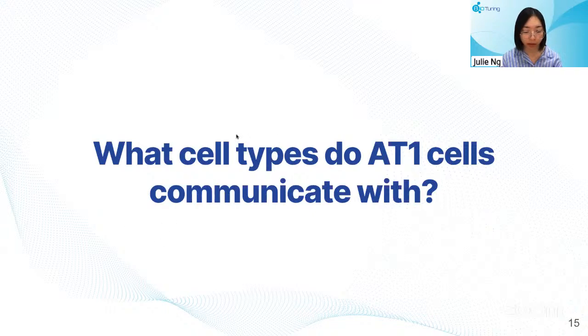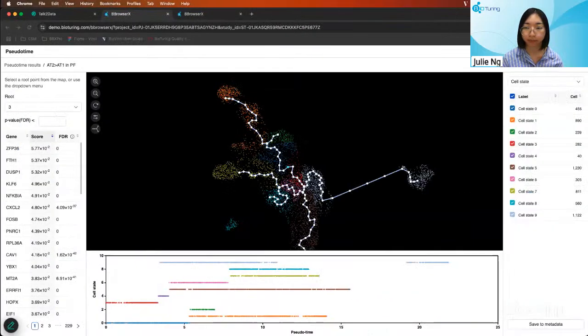Now that we know what pathways are upregulated, we want to ask what cell types our AT1 cells communicate with. We can do that by using the cell-cell communication tool on BBrowserX Pro, which I can also demonstrate.